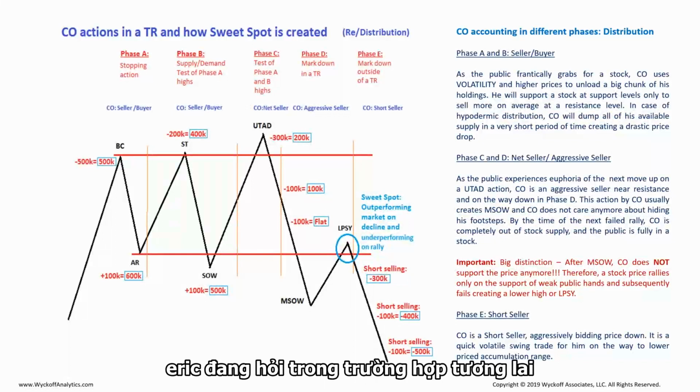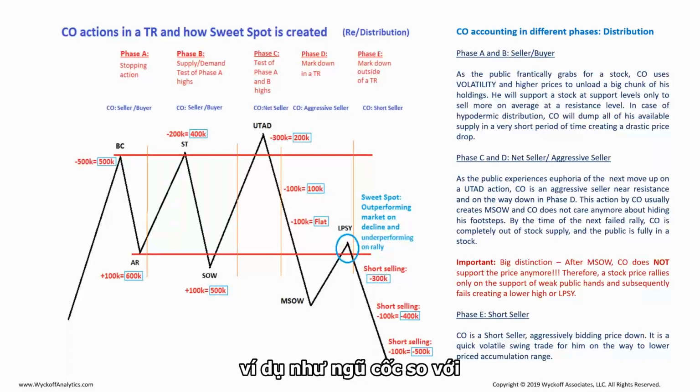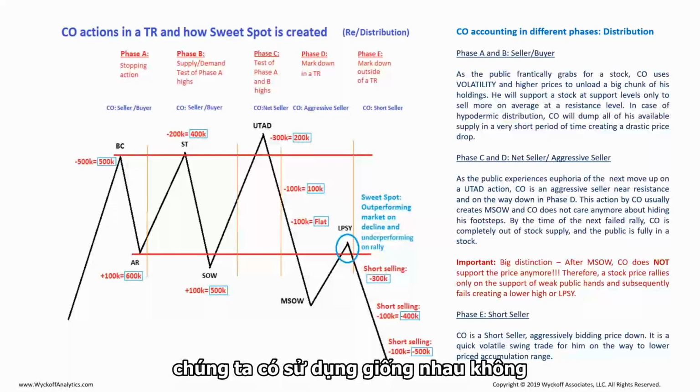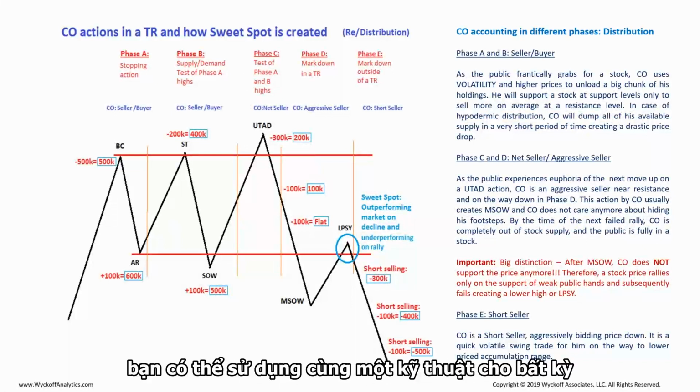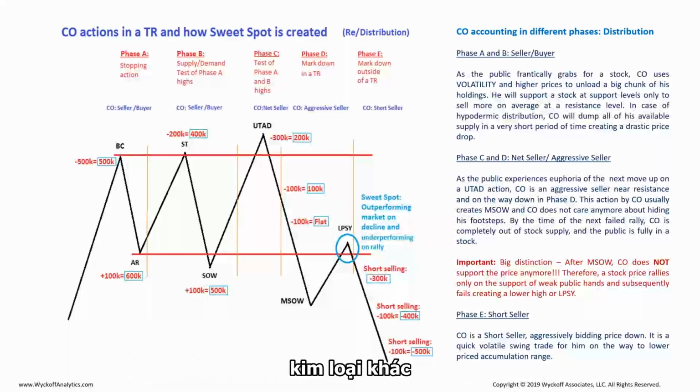Eric is asking, in the case of futures, for instance, grains versus canola, would we use the same comparative technique as we did with the currencies? Yes. Effectively, we would be looking at highly correlated instruments. For instance, I've used the same technique for gold and silver. You can use the same technique for any other metals.